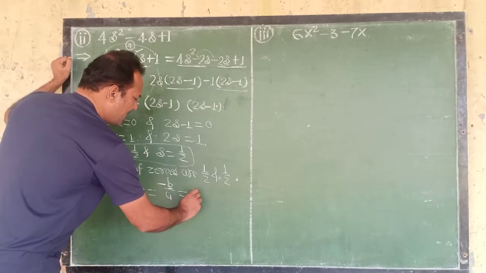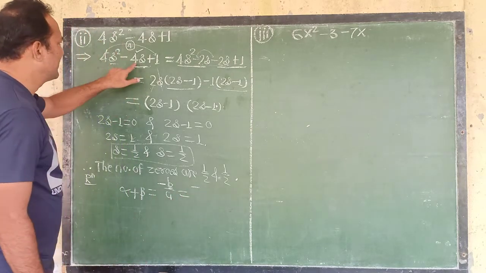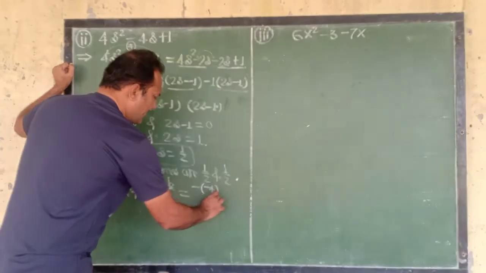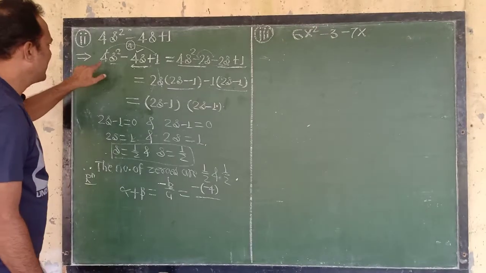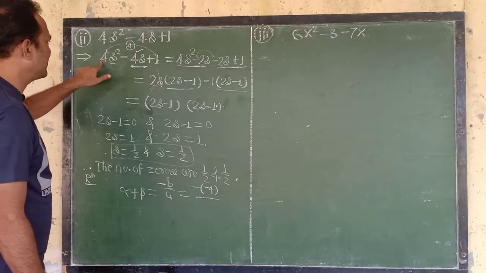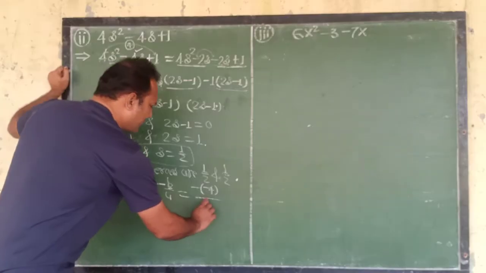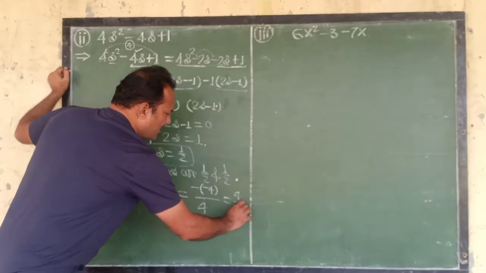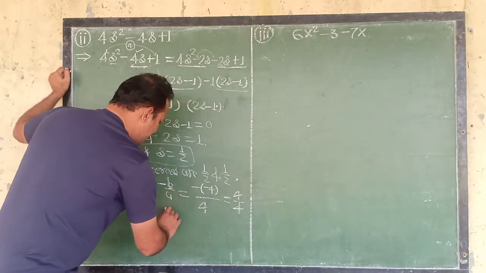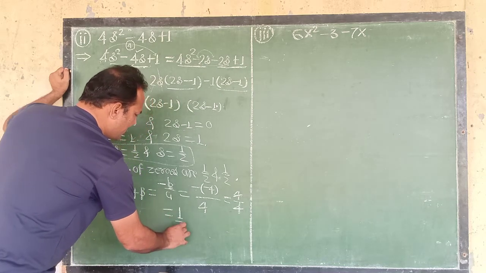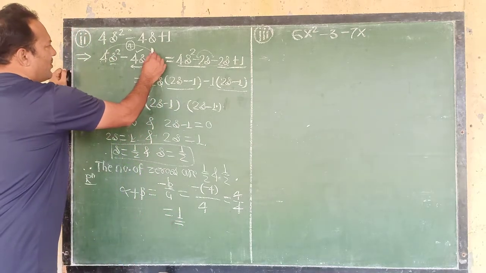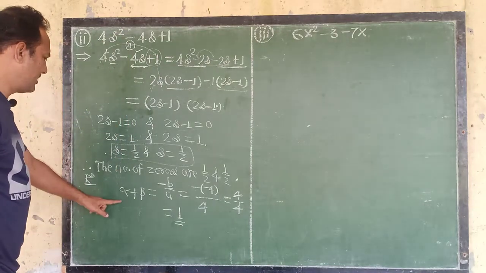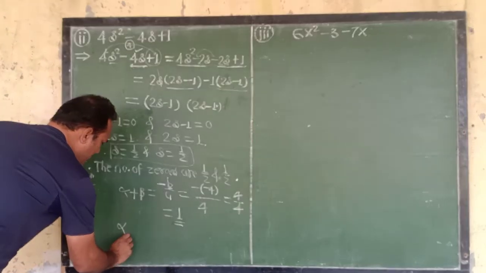Minus is already given there. Here, what is the value of b? Minus 4 divided by a. The coefficient of s square is a, which is 4. Then what answer will you get? Negative, negative, positive. 4 by 4 means the sum is 1. And here we have to find the product of the same.